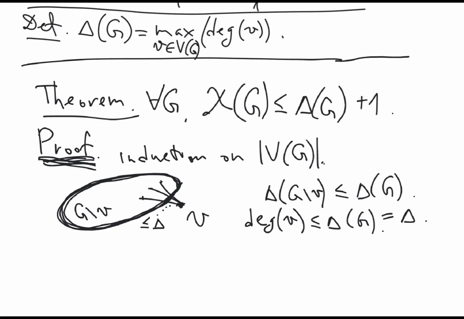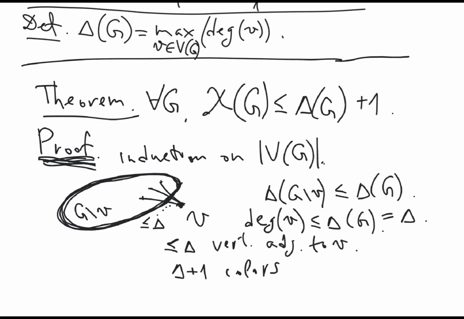Now we have at most delta vertices adjacent to v, and we have delta plus 1 colors.